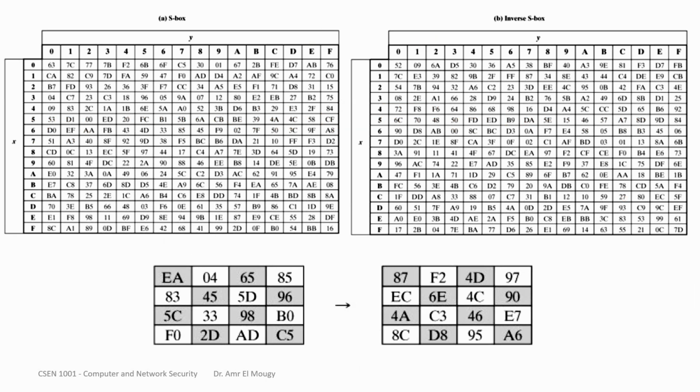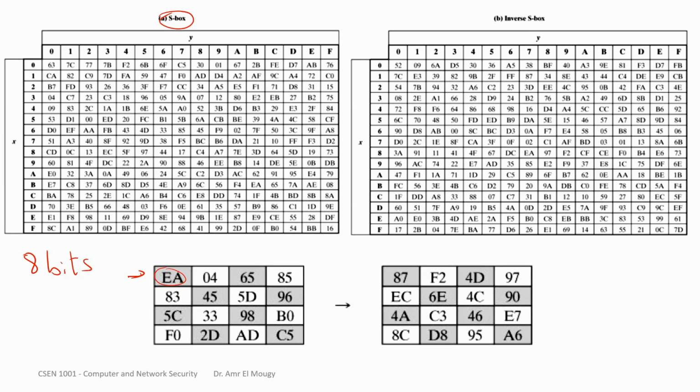Because each cell contains 8 bits or 1 byte, it is converted to hexadecimal values. So each 4 bits are converted to their hexadecimal equivalent. And the 2 hexadecimal values are used as an index to the S box, the substitution box, to determine the substitution.